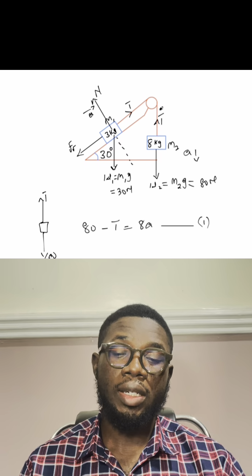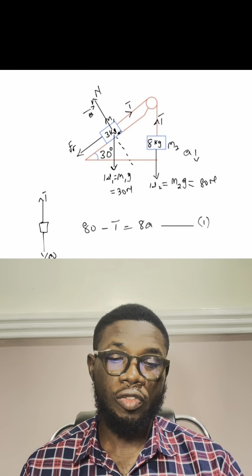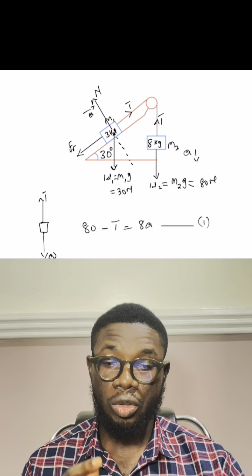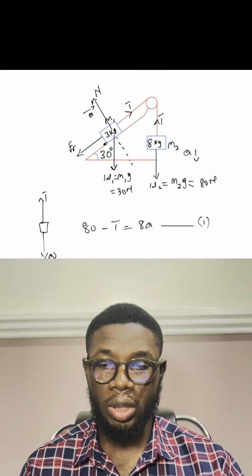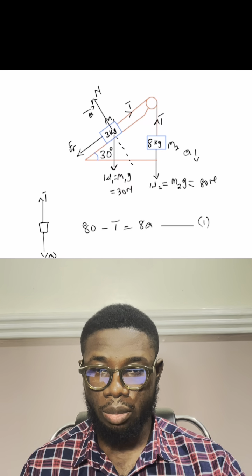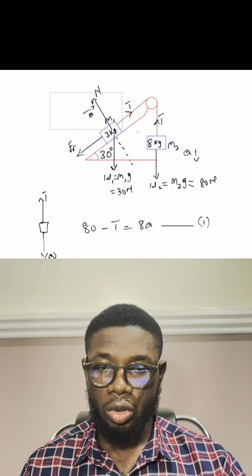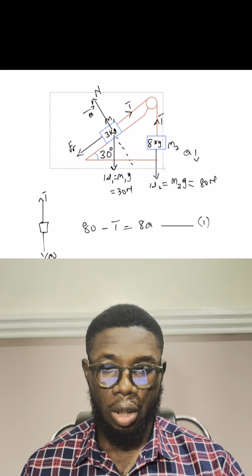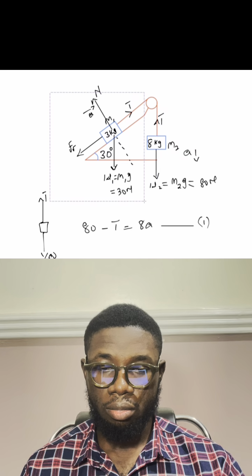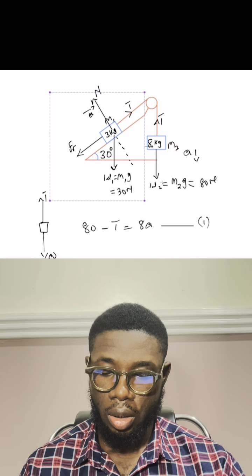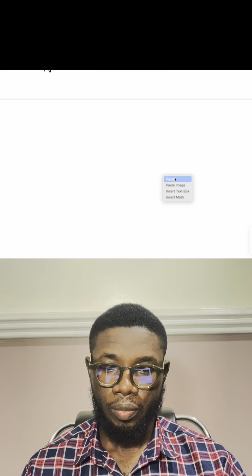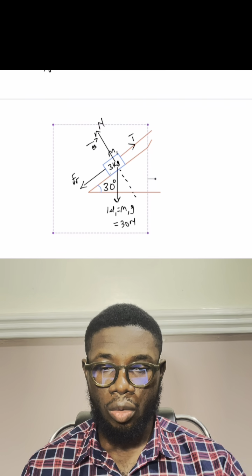Now the part where there is a little bit of complex stuff to do is this other part. So I'm going to bring that part out. Let me copy that out and paste it here. Okay.